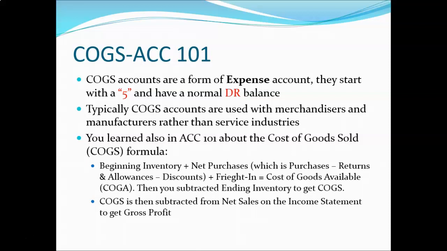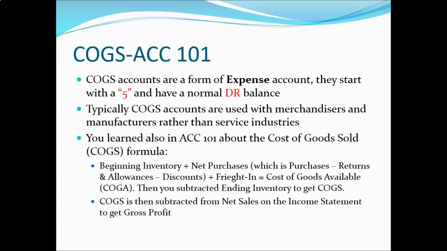Okay, you learned in Accounting 101 about the cost of goods sold formula. This is what you're supposed to have under your pillow, and you're supposed to be saying it every night. Okay, beginning inventory plus net purchases and freight in is the cost of goods available, COGA. Then you subtract out ending inventory to get cost of goods sold. We had another formula.